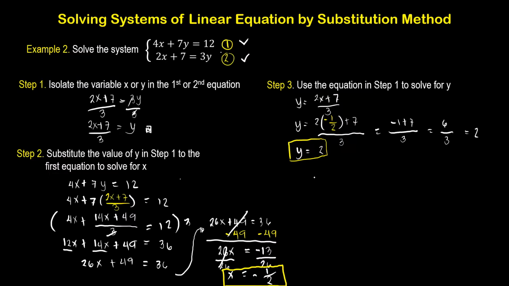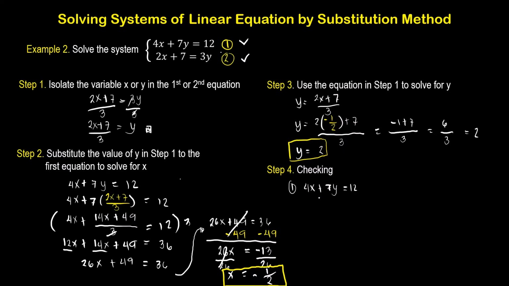So, to make sure that the values of our x and y are correct, we are going to check them. That means we are going to check if the values of x and y satisfy the given system, or both equations of the given system. So, let's start with the first equation: 4x plus 7y is equal to 12.